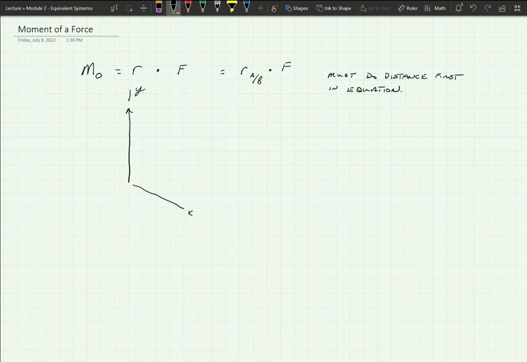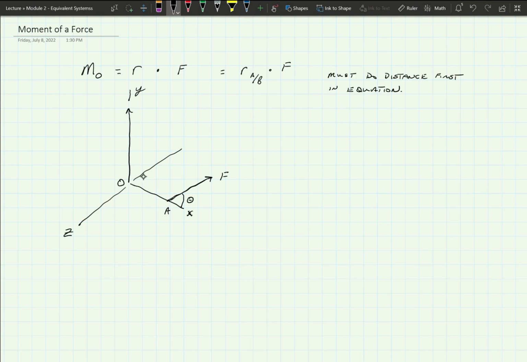Then out here we will do a vector like so, and we're going to have some angle theta, and this is going to be known as point A, and this one back here is the origin. So ideally I got z going in that direction. So y, x, and z we've identified.